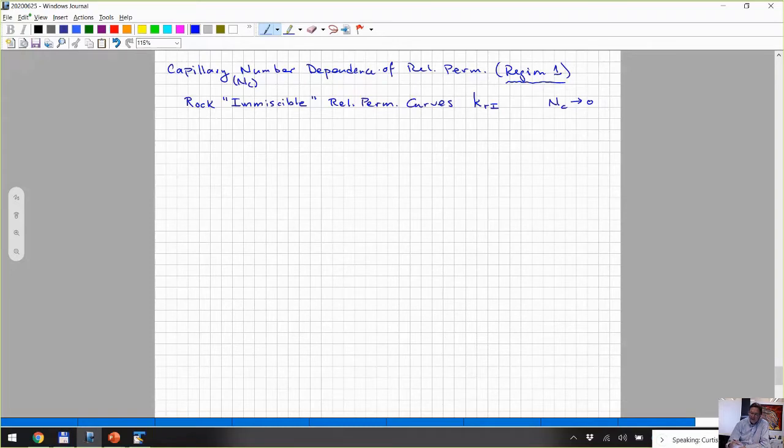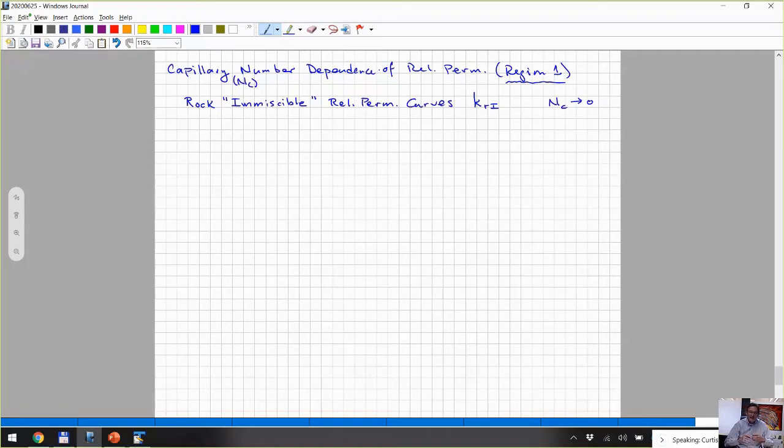The reason you get these relative permeability curves, where the permeability to a given phase drops in the presence of another phase, is because one phase is blocking the other, and they're trying to slip through the same pores at the same time.